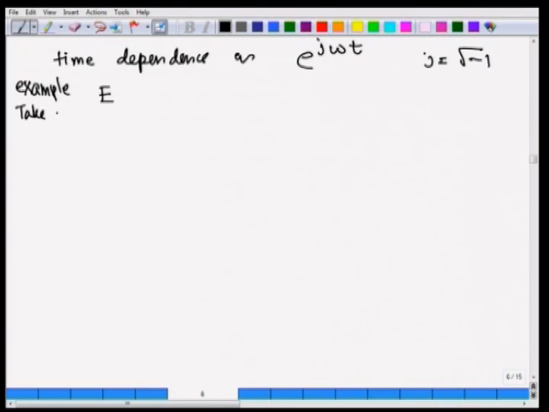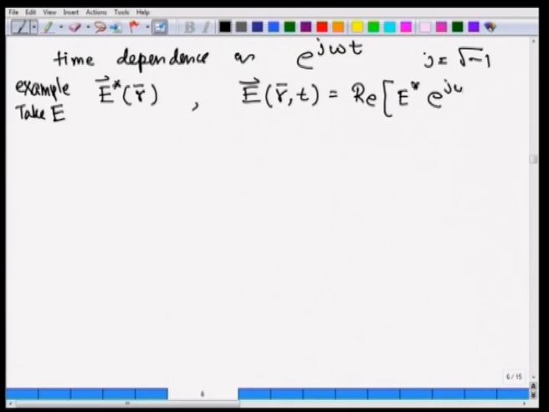Similarly, you can do it for magnetic field or other quantities as well. We are going to write this as a function of space, that is position. Then the actual, physical E as a function of position and time can be obtained by taking the real part of this E star quantity multiplied by e to the j omega t.